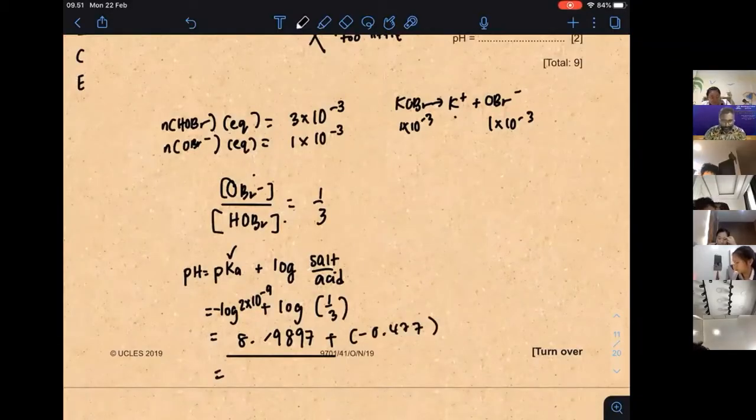So if you calculate this, you will get 8.9.